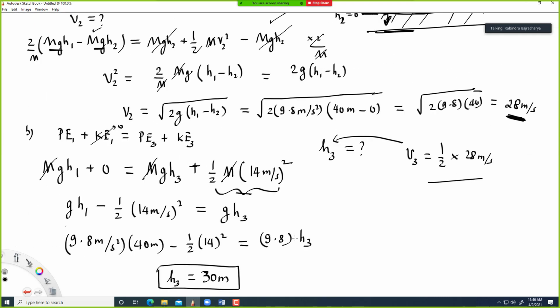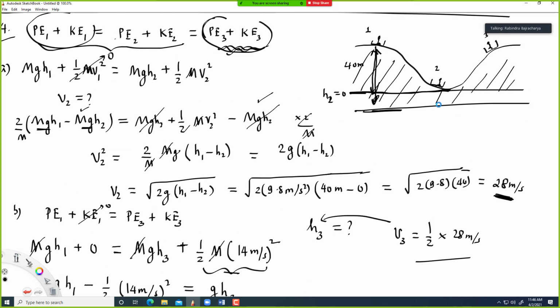So here, some of the kinetic energy is converted to potential energy. Here you have most of the energy in the form of potential energy, and all of that is converted to kinetic energy at that point, because there is no potential energy here. And here part would be kinetic and part would be potential.